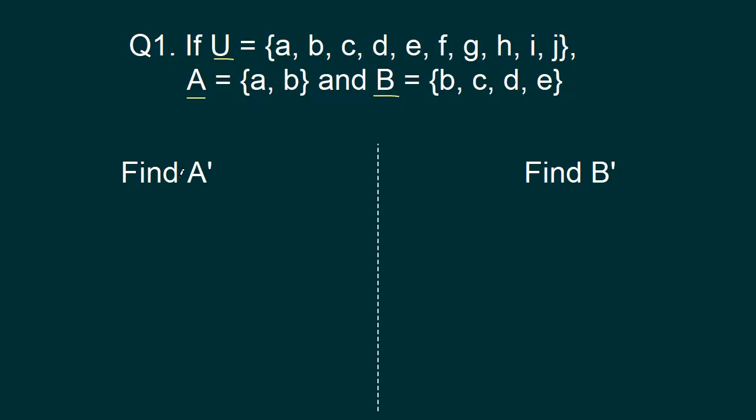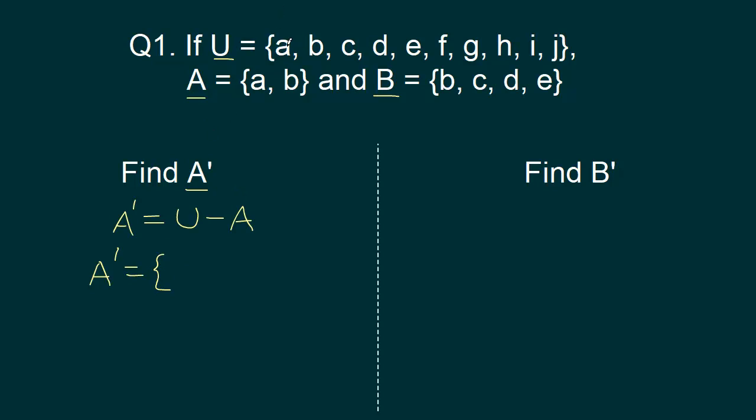So let's first find A complement. In the last video we learned what a complement of a set is. The complement of a set is simply a set that contains all elements of the universal set except the set itself, meaning A dash, or A complement, is simply the universal set minus set A. So let's write this set.